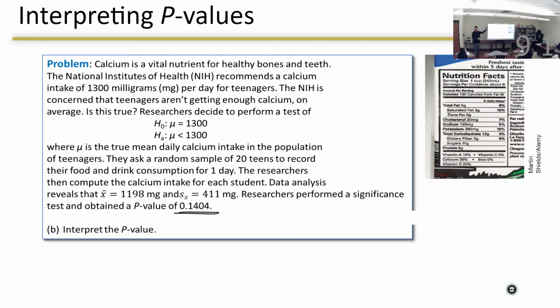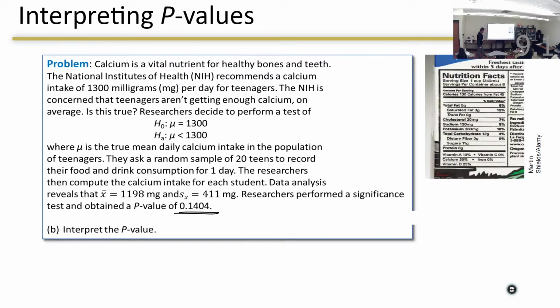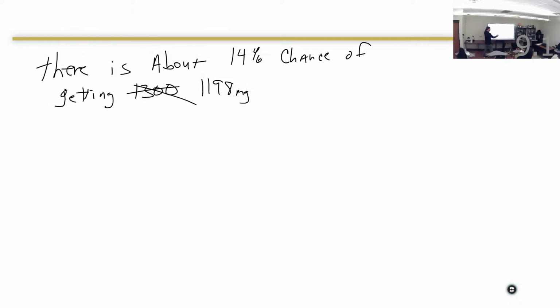But they want me to interpret that p-value, right? There is about, squishy words, I love squishy words, right? About a 14% chance of getting 1198 milligrams or less.